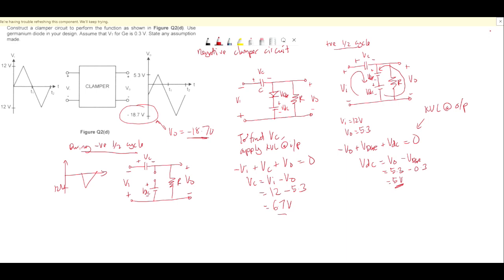To find the output voltage, you must apply the KVL at the input side. So I make a loop here clockwise, starting from input voltage plus VI followed by VC, followed by Vout. VI plus VC plus Vout equal to 0.